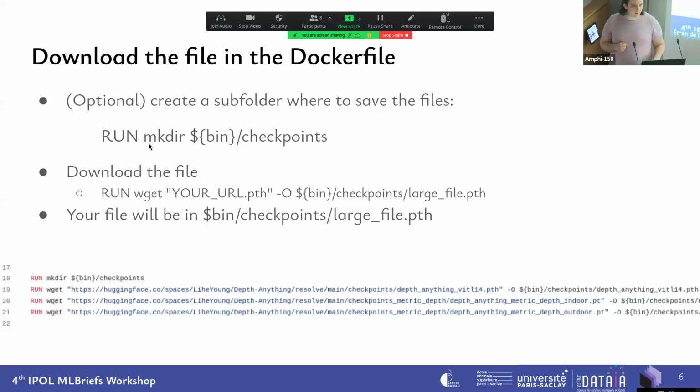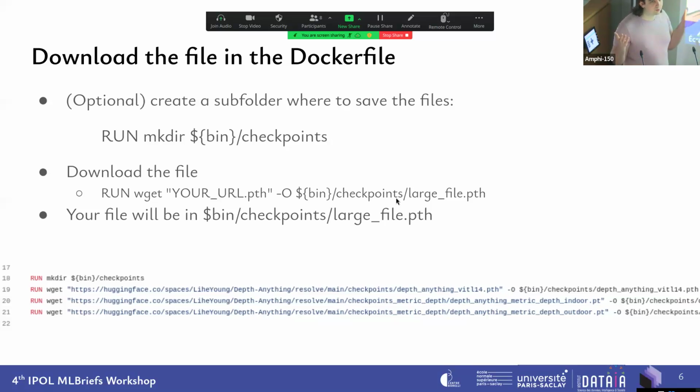You have the command RUN mkdir $bin/checkpoints, where $bin is where the code will be. And then you can use wget to download it at this location. So here it's in the checkpoints folder in the $bin directory.